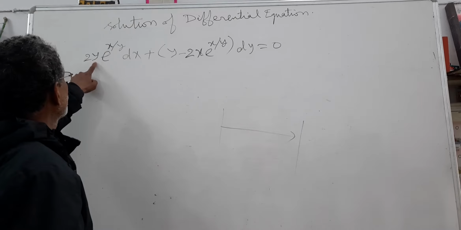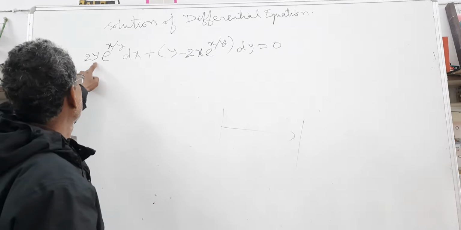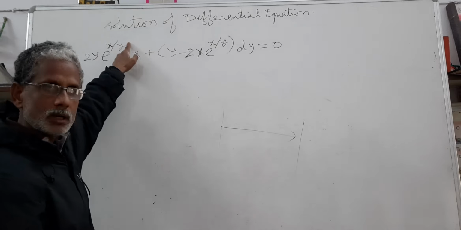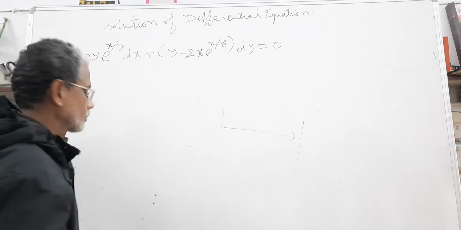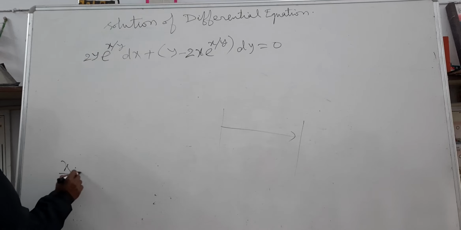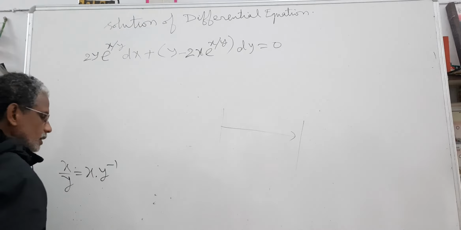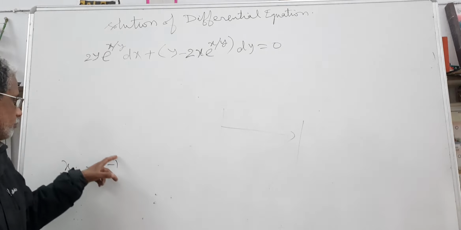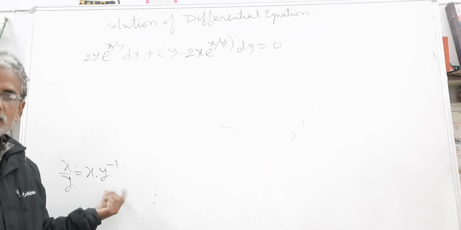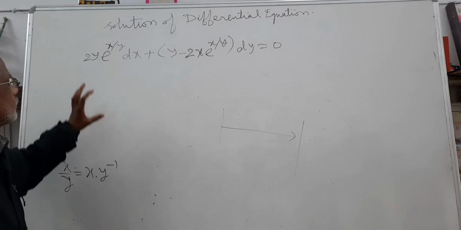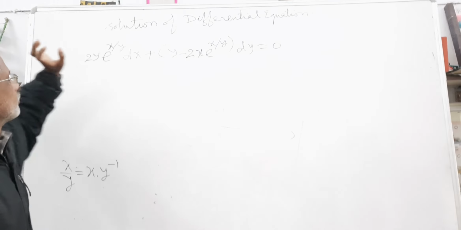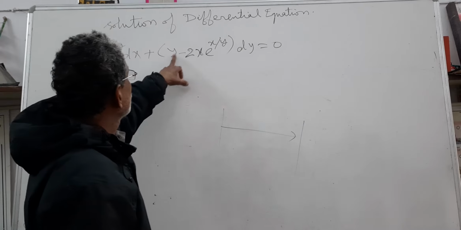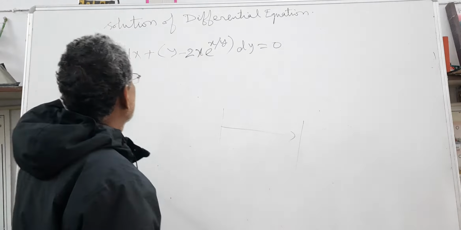Here the power of x and the power of y... in the term x upon y, it is x into y to the power minus 1, so the combined power of x and y becomes 0.